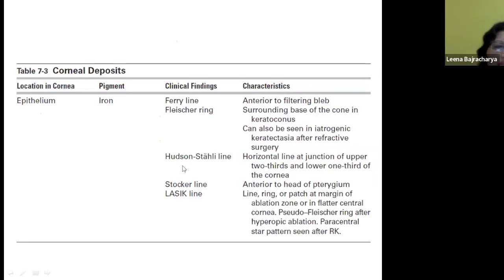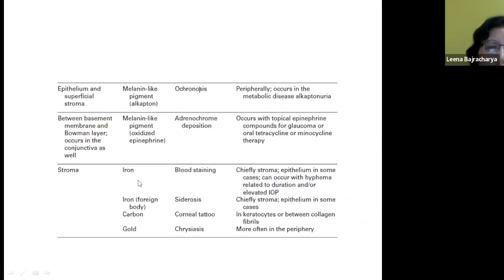So there may be different deposits in the cornea, and you all know about Fairy line, Fleischer ring, Hudson-Stahli line, Stocker's line, and other deposits like gold. In case of gold, during treatment of rheumatoid arthritis, gold salts may be used and may be deposited in the stroma.